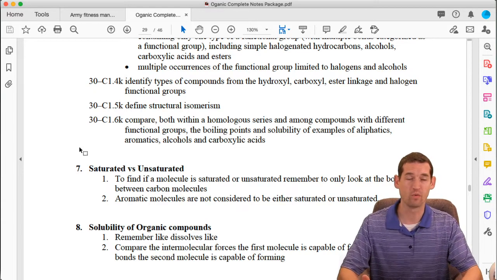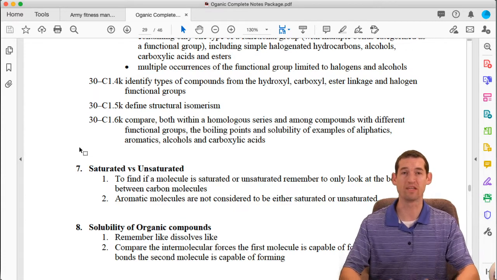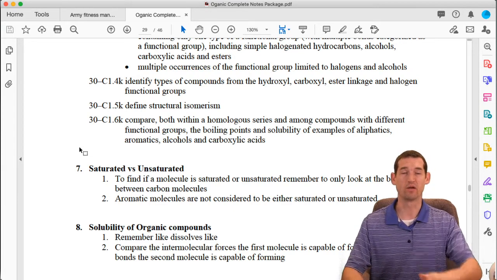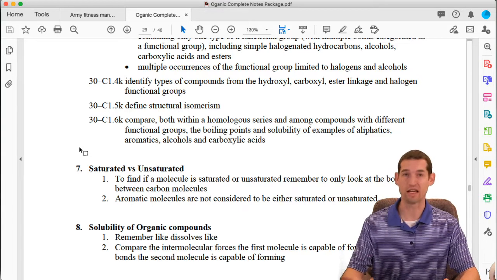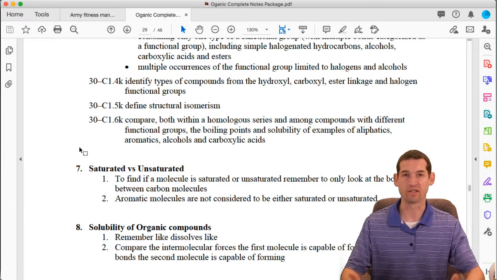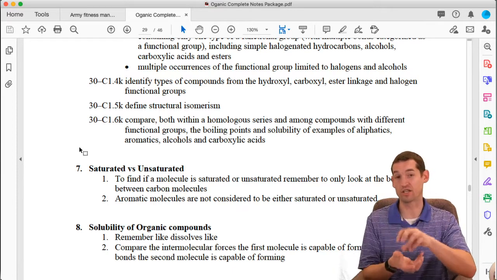The other way we can ask you to compare them is not within a homologous series, but comparing different molecules, or at least different families. If we do that, though, I will leave the carbon content the same. So I may ask you to compare 2 carbon molecules. Maybe there's ethane, ethanol, chloroethane, and something like that, where the carbon content's the same.